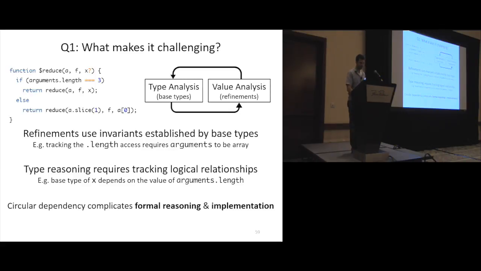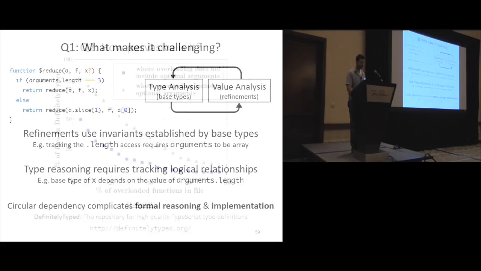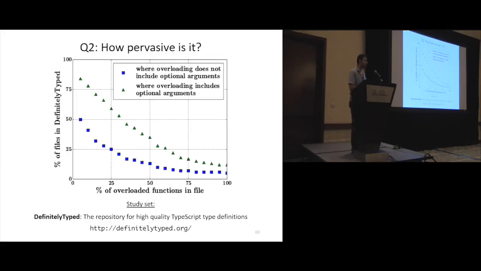And to convince ourselves that this is actually a problem that happens out there, we ran a study on the main TypeScript type definitions library called Definitely Typed. And one of the things we found is that in about 25% of the files in there, functions are overloaded.